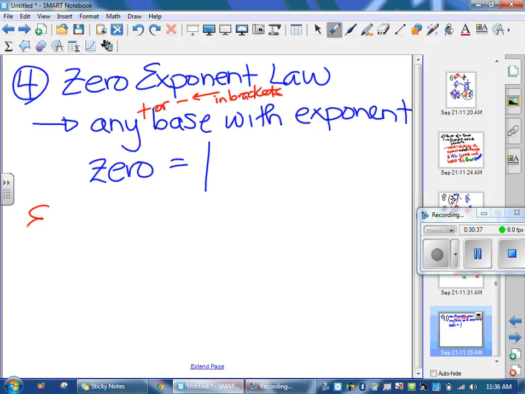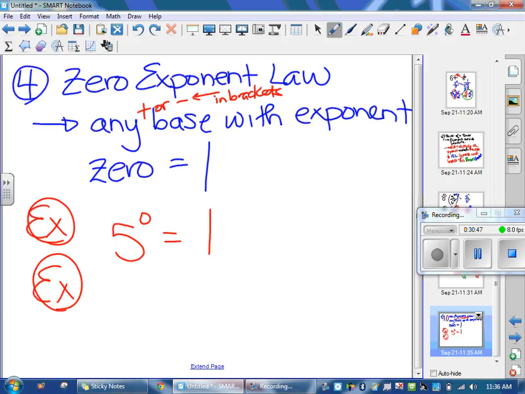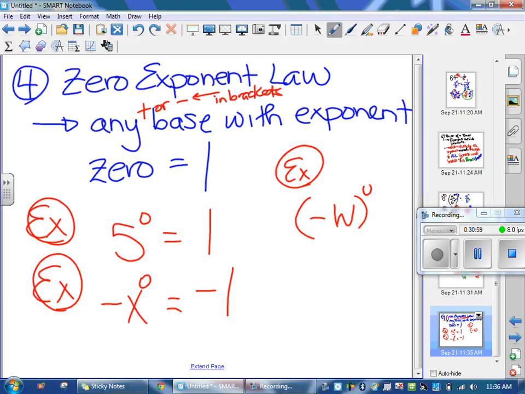So, an example. 5 to the 0 equals 1. Negative x to the 0 equals negative 1. Negative w in brackets to the 0 equals positive 1.